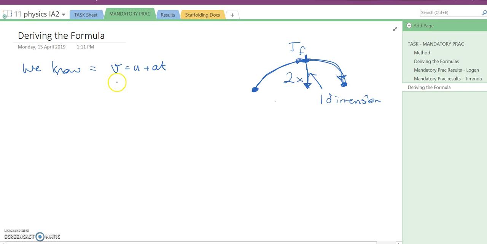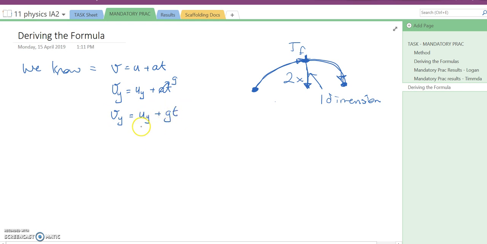And because we're now doing 2 dimensions, we can call this Vy or Vx. Because we're dropping it downwards, we're going to call that Vy. So we know that Vy equals Uy plus AT. And we also know that A is actually G. So we're going to say Vy equals Uy plus GT.